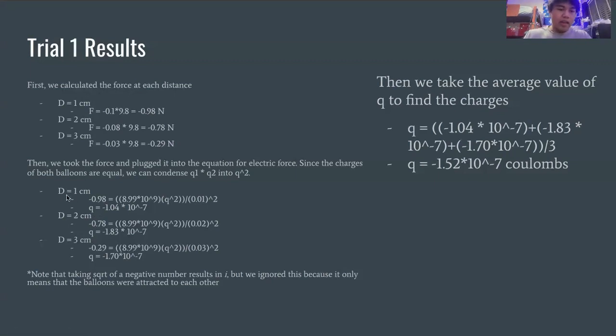And then we calculated the q value for each of these equations, and once we got those q values, we took the average of all those charges that we got and divided by 3 to get the average charge of each balloon. As you can see here for trial 1, we got negative 1.52 times 10 to the negative 7 coulombs.